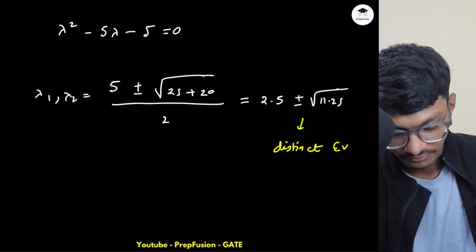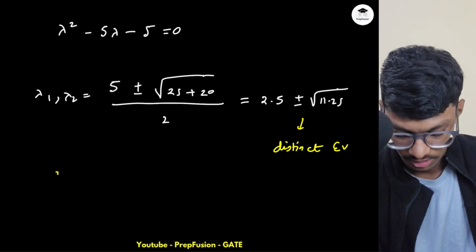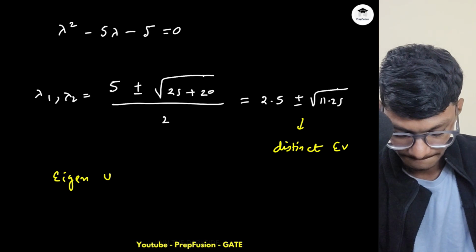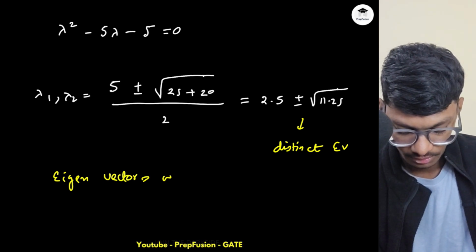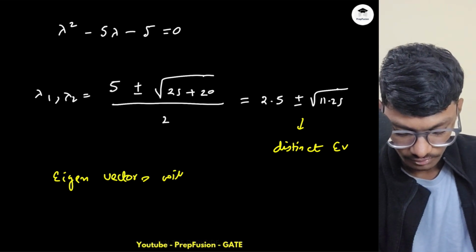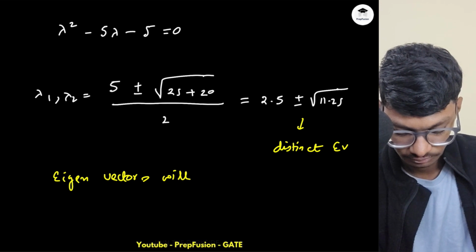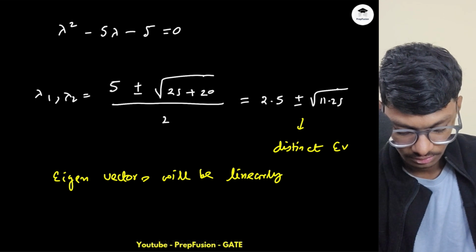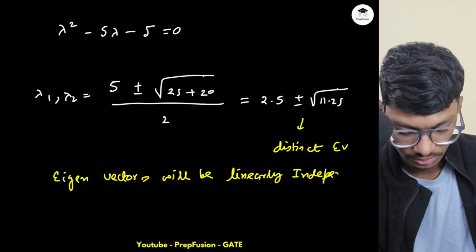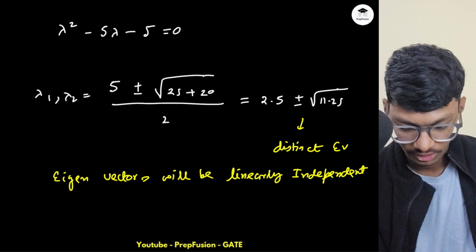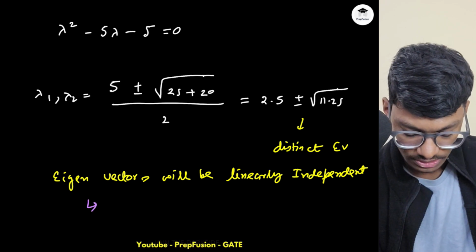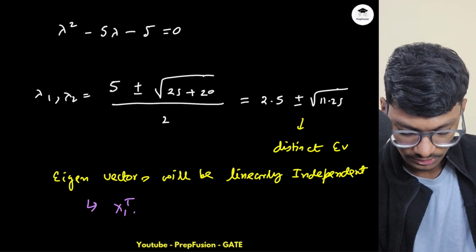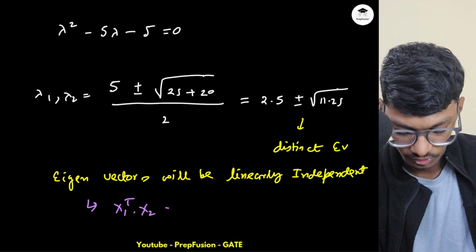So if these are distinct eigenvalues, my eigenvectors will also be linearly independent. Okay, so if they're linearly independent, that means x1 transpose times x2 will be equal to 0.